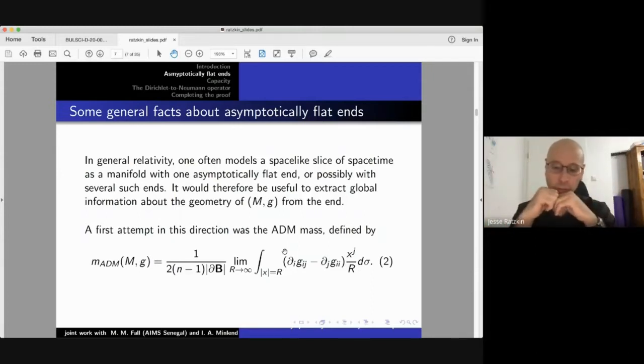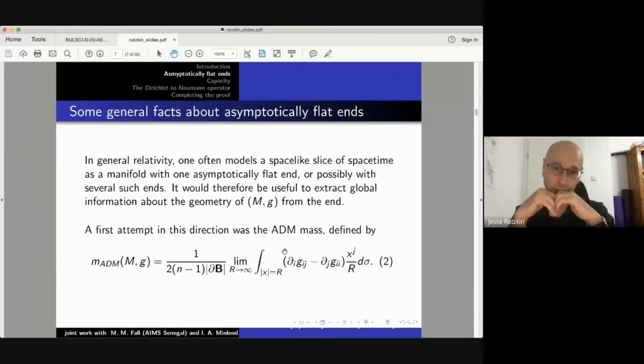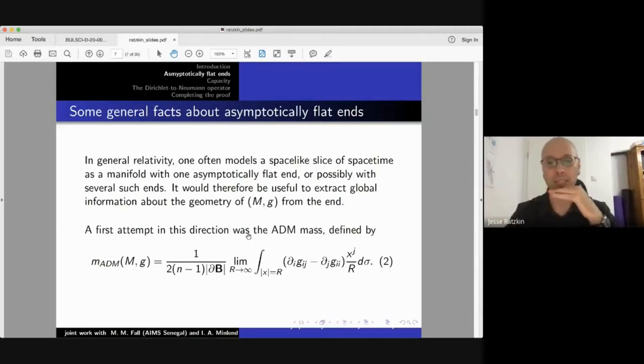And from this point of view, one of the goals of geometric relativity in particular is to try to extract information about the global geometry of your manifold from the structure at infinity. We'll get to some theorems of this in a minute.